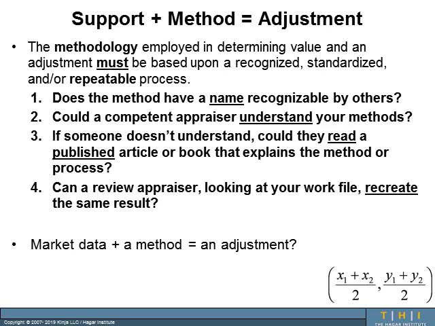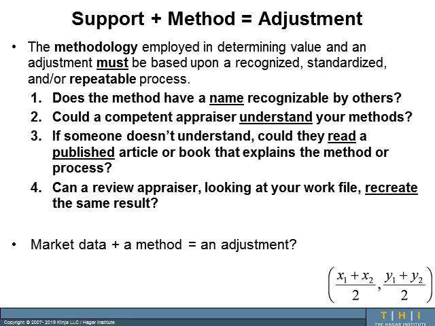So what this means is, no matter how the appraiser comes to their value conclusion, through a cost, income, or sales comparison approach, how they determine adjustments, and all sorts of things that are used in an appraisal, the methodologies and processes they use have to be based upon a recognized, standardized, and/or repeatable process.